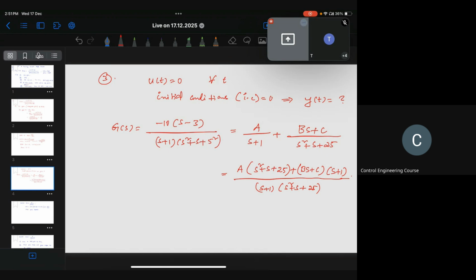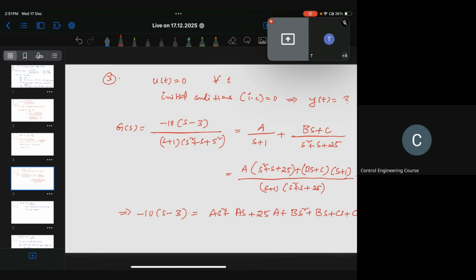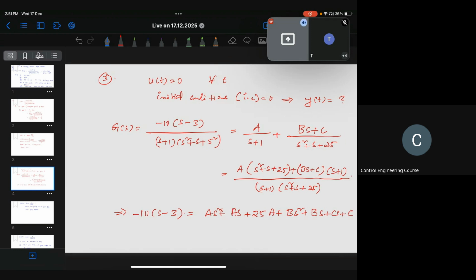So we write minus 10s minus 3 equals As square plus As plus 25A plus Bs square plus Bs plus Cs plus C. By comparing the terms, you can compare the s square terms, s terms and constant terms.